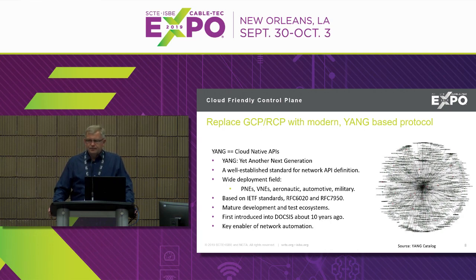As a historical fact, YANG was first introduced into CableLabs specifications, into DOCSIS, about 10 years ago when we developed the first CCAP specifications. It was used by the CCAP to provide common configuration models. And again, YANG is a key enabler of network automation.